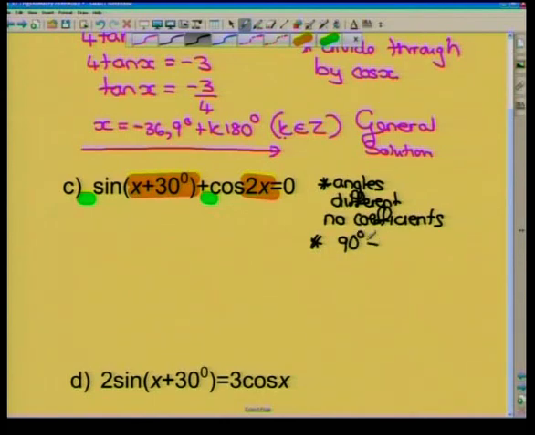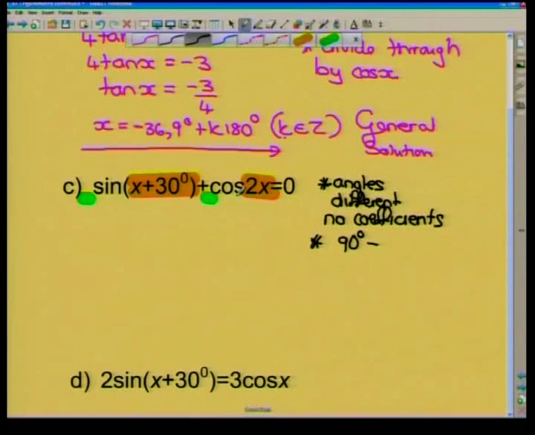Now, I've deliberately chosen this one a bit different to the first one, in that you're going to see we're going to get a negative, and I'm going to teach you a really nice way of avoiding problems with a negative, because that negative can be problematic if you happen to put it in the wrong place. Now, first of all, I will always try and keep my cos 2x on the left-hand side. So I leave my cos 2x here, and I would bring across this, which was of that form.